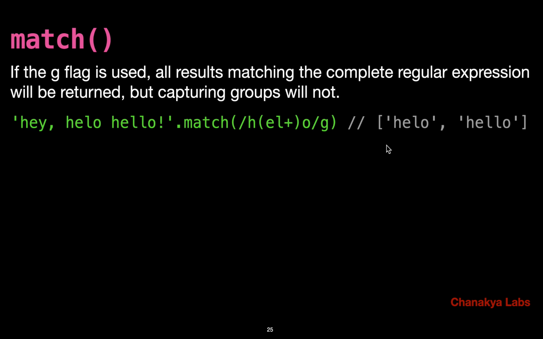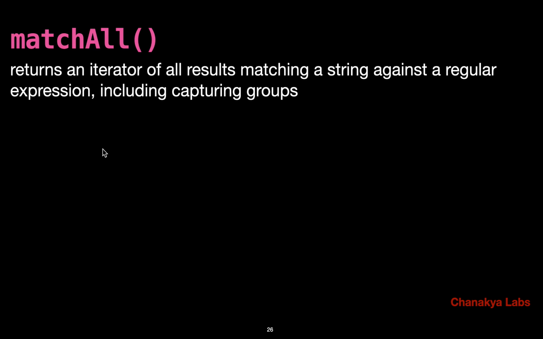Now, if you want to return capturing groups also, then we know that we have the exec method on regular expressions that we can use, or there is also another method called matchAll, which we will see soon. This is what matchAll is: it returns an iterator with all the matches along with their capturing groups.